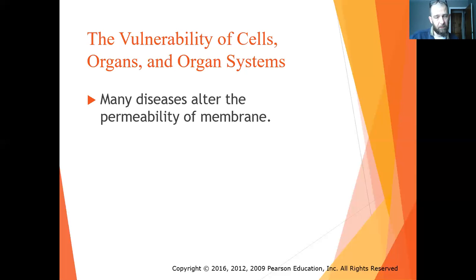All right, so one thing that we need to know is what's called permeability. For lack of a better term, permeability is how leaky things are. So that could be a cell, or that could be like the walls of capillaries, our smallest blood vessels. Now, some of it is good. Some things can go in and out of the cell normally.